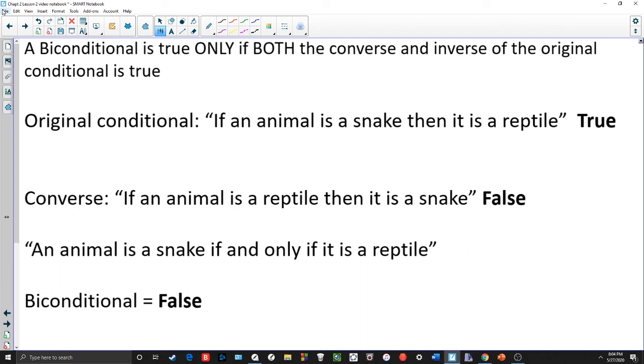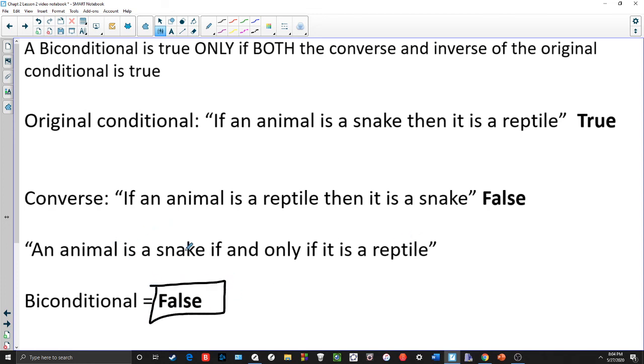The converse would be: if an animal is a reptile, then it is a snake. Well, that's false. There are reptiles that are not snakes. The lizards, for instance, are reptiles that are not snakes. So the original statement is true. The converse is false. So the biconditional would be: an animal is a snake if and only if it's a reptile. Well, that would be a false statement.